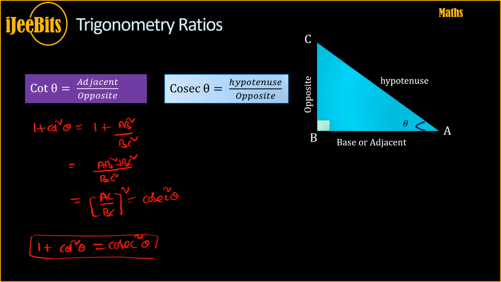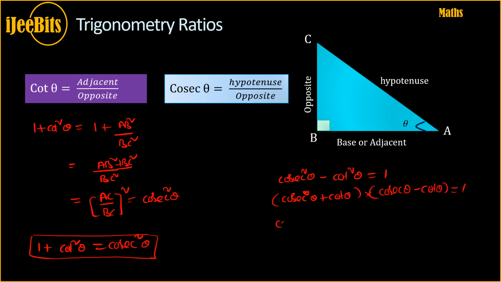Okay, this is one more identity. If you redo it the same way, cosecant square theta minus cot square theta, we move cot square theta to the right side, then remains 1. This is in the form of a square minus b square, so it can be written as cosecant theta plus cot theta multiplied by cosecant theta minus cot theta equal to 1.